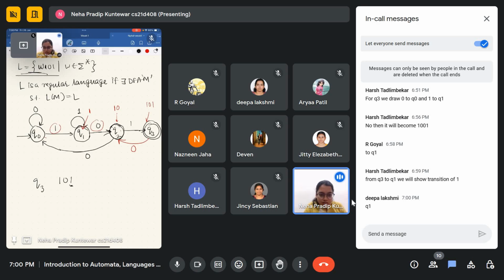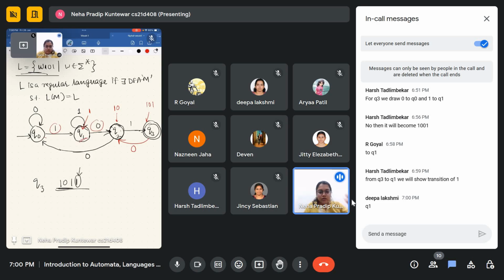So if you are at Q3, then as we said, you've already read 101. Now if you see a 1, it's as good as starting from 1, because the fact that you read 101 doesn't add to anything. The string we're looking for is 101, so it starts with 1, and the state that captures this information is Q1.